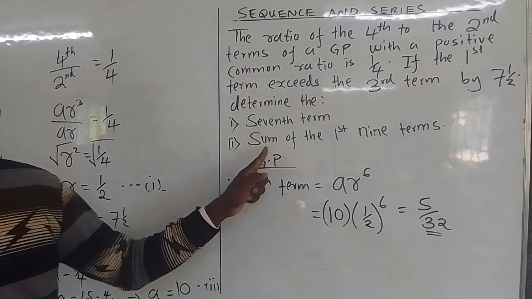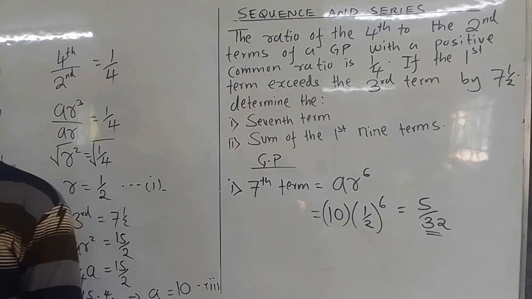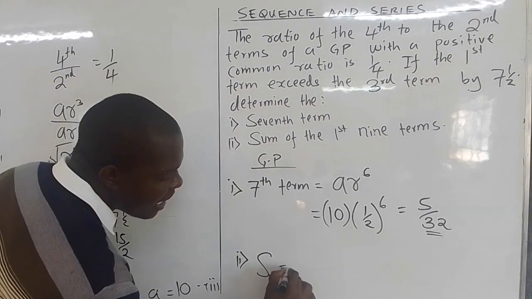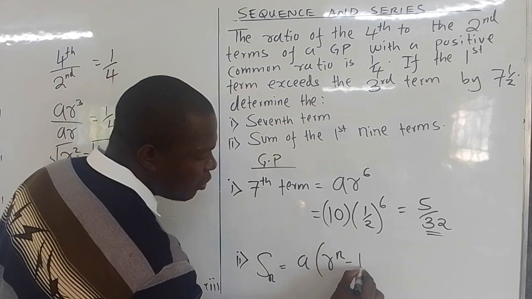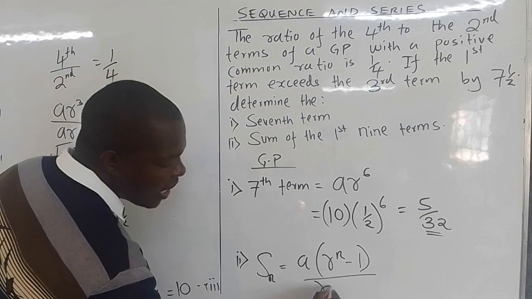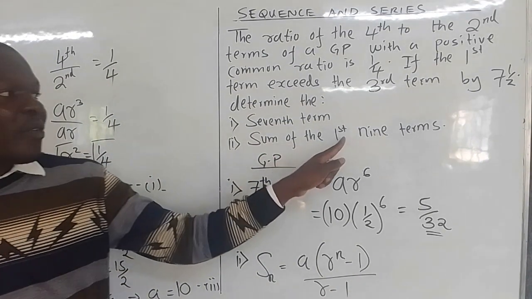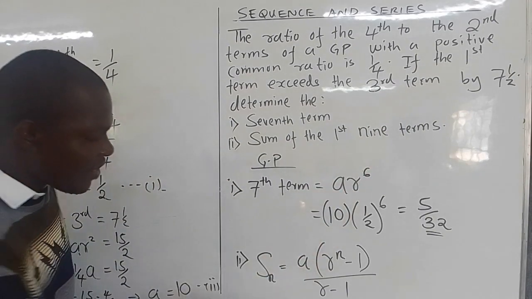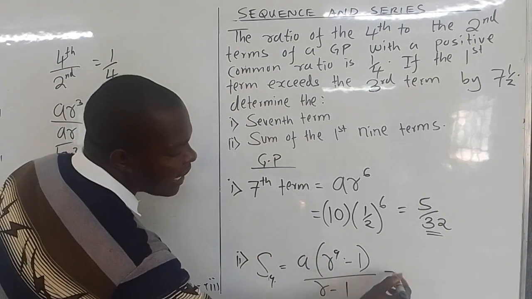Then they are saying you get the sum of the first 9 terms, isn't it? So we found out that the sum of n terms of a geometric progression was given by a into r^n minus 1 over r minus 1. Then, when they now want the sum of the first 9 terms, meaning you start from the first term, isn't it? So where there is n, you put 9.